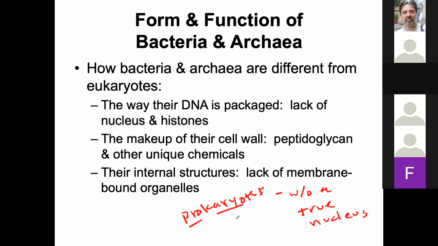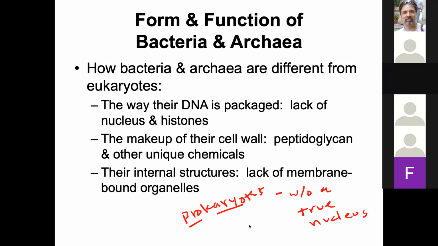Okay. So they're different from the kind of cells that you and I are made out of. The cells are less complex. The DNA is packaged without proteins that are called histones. There's no membrane around the nucleus. The makeup of the cell wall is a unique structure in prokaryotes.